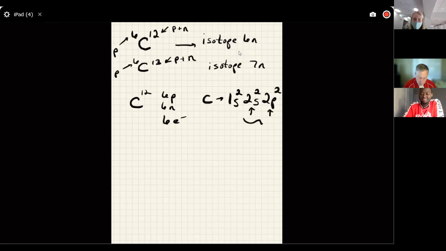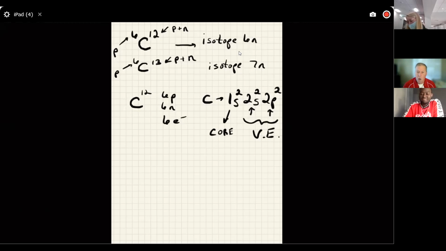These are the valence electrons. So what are these down here? These are called core. It's not that the core electrons are unimportant. They are, but they're more involved in the shielding effects of the nucleus and other things. But we're going to focus more on the valence electrons of carbon.